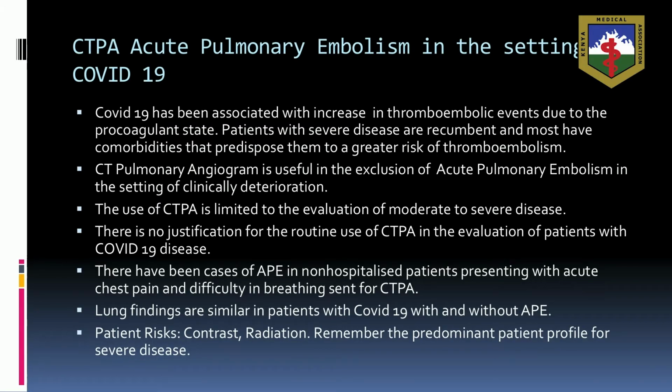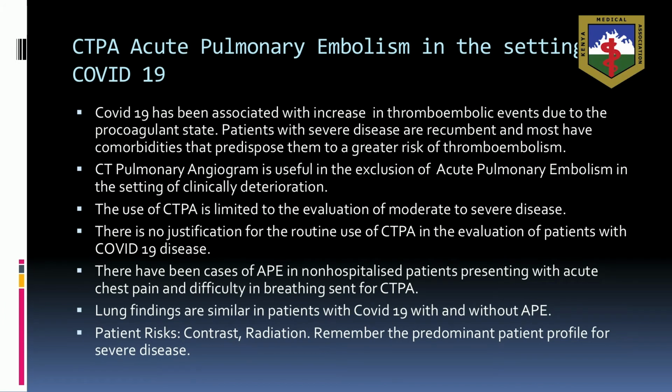A lot of them are not mobile, so they are likely to also develop thrombi, and most have comorbidities that predispose them to a greater risk of thromboembolism. So there's the disease itself, there's the fact that the patient is not moving, and the other thing is that they also have other conditions within them that cause a greater risk.